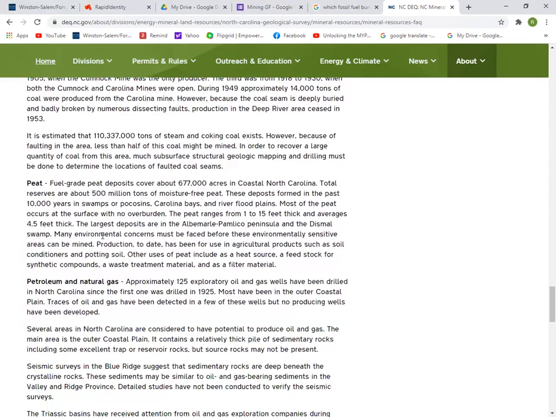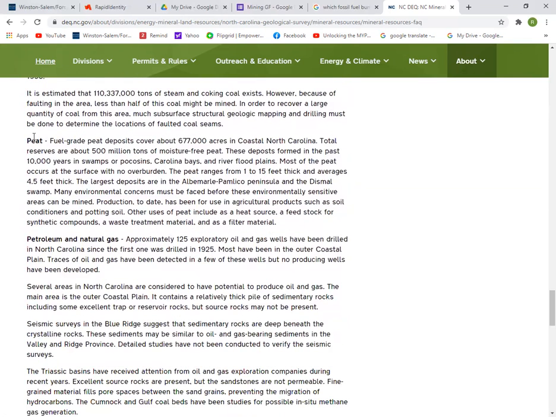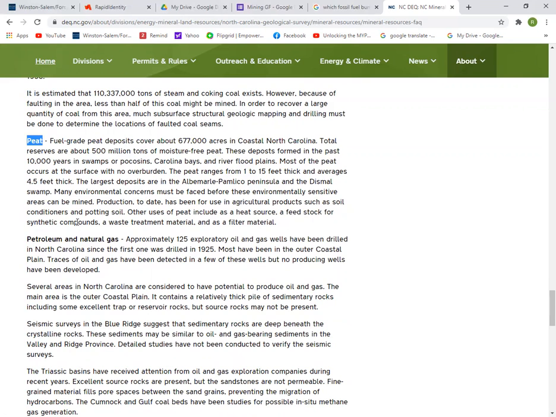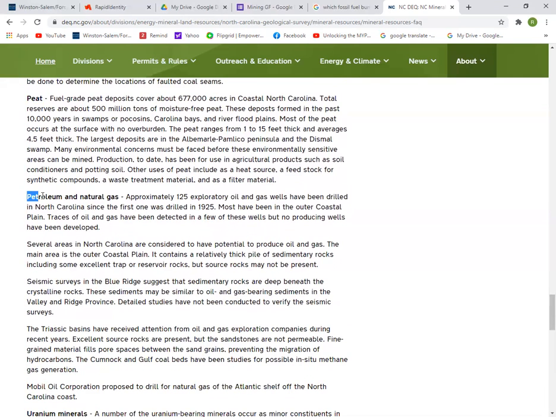Do we have other sources of energy in North Carolina? We have peat. Fuel-grade peat deposits cover 677,000 acres of coastal North Carolina. So this is also another source of energy. Do we have petroleum and natural gas?